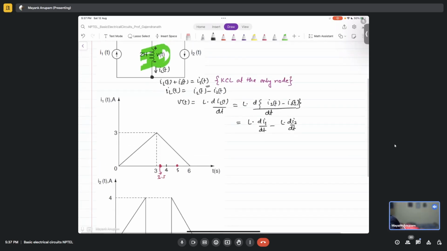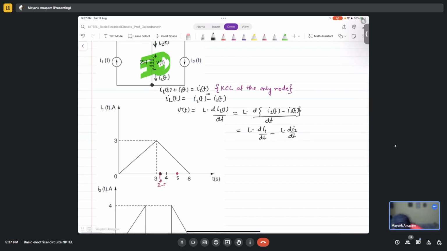So now tell me, what is the slope here? What is di1 by dt at 3.5 seconds? So minus 1. Minus 1, did you say? Yes, sir.